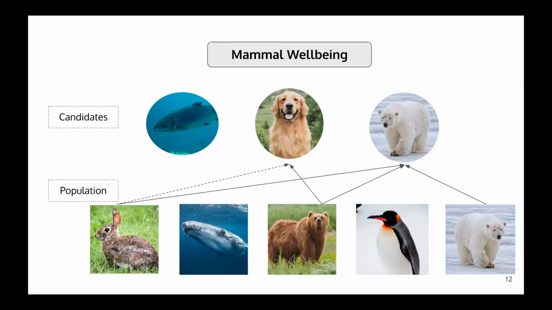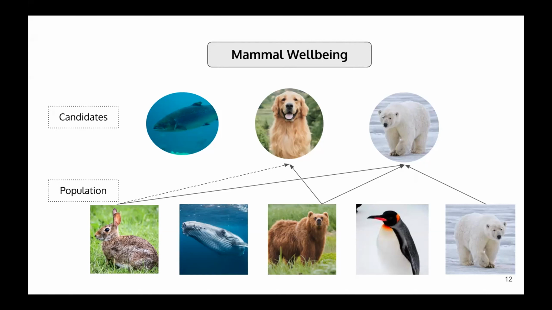You could have other interests, for example, where multiple candidates might represent a subgroup's interests, or multiple subgroups might be represented by a single candidate. And here's a case of membership: whales are technically mammals, but maybe this whale group feels none of these candidates really represent their interests, and that's okay as well.